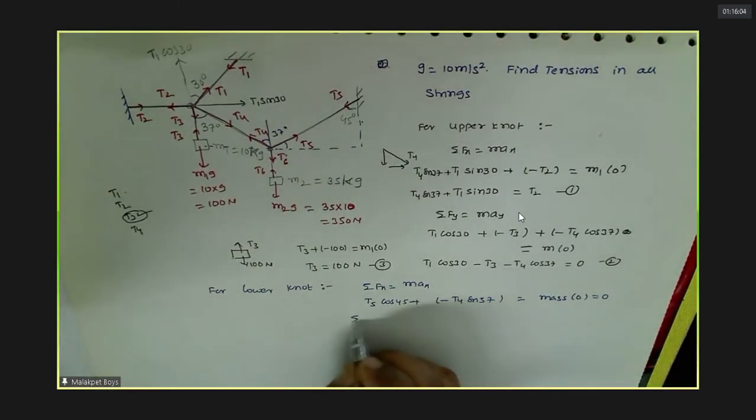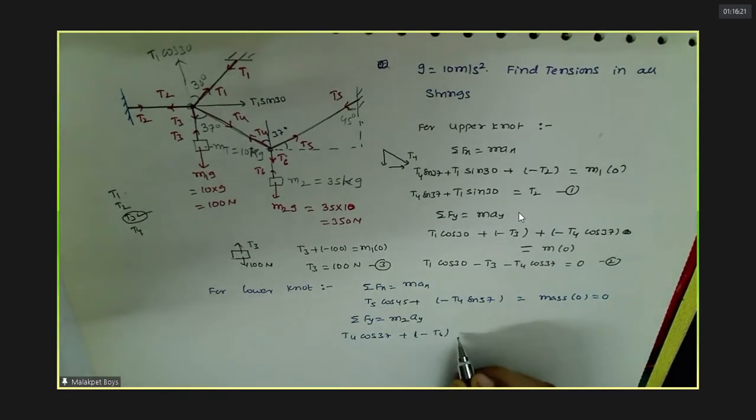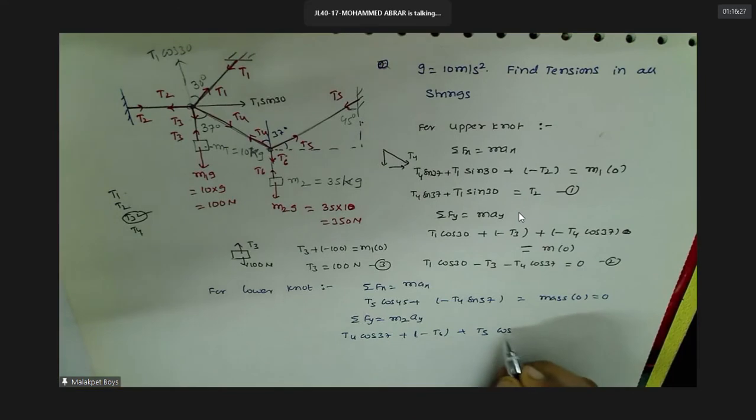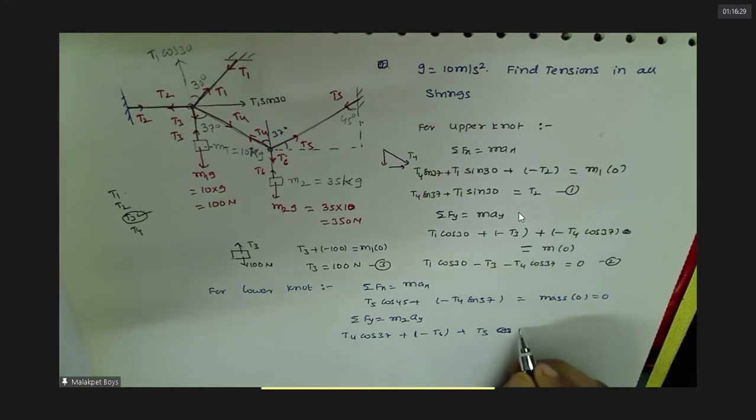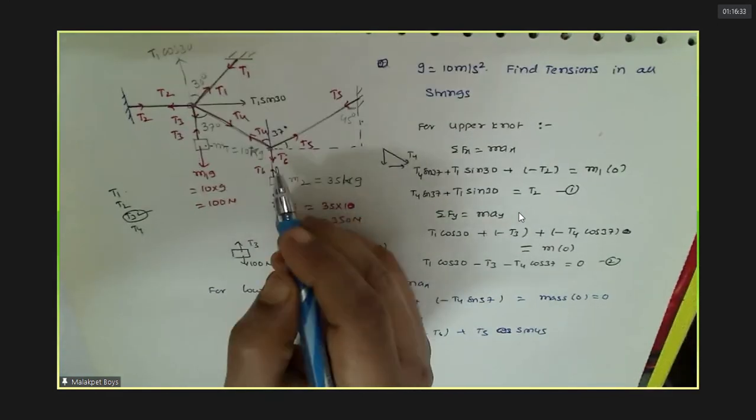Similarly, sigma Fy equals M2 into Ay. What is Fy you have? T4 cos 37 is upward, plus minus T6, plus T5 sin 45, the upper one.